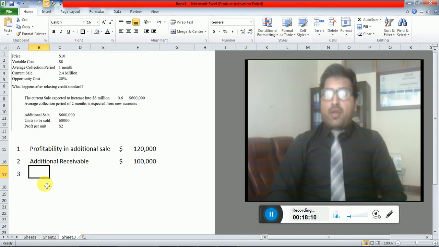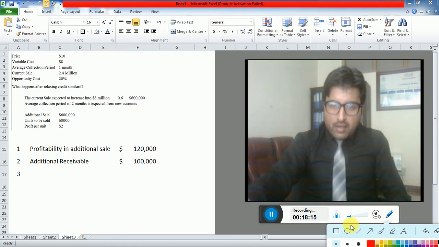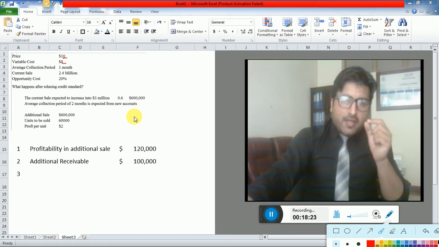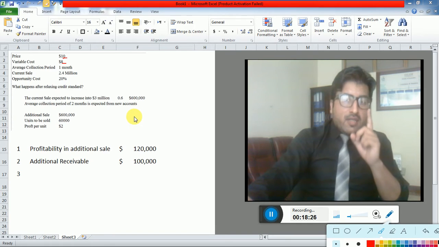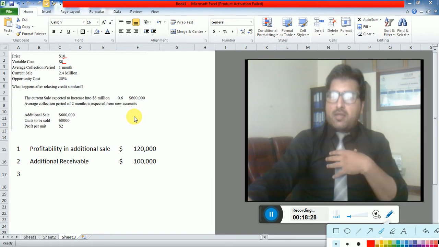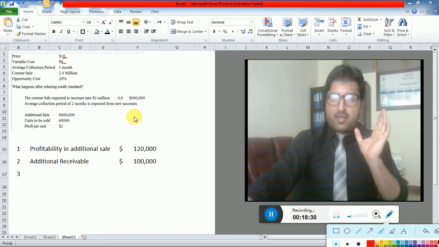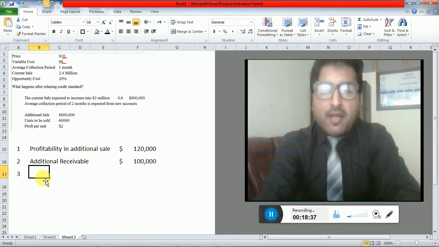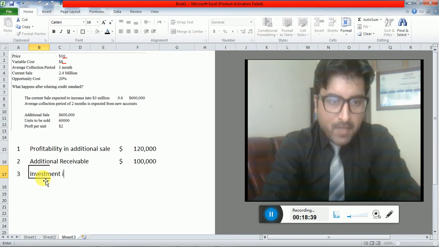Now how much is the cost in this additional receivable? We need to know about the cost. Look here. If the price is $10 and the cost is $8, it means 80% of the price is our cost, our expense. So we have to compute the investment, and this cost is called investment for us: investment in additional receivable.